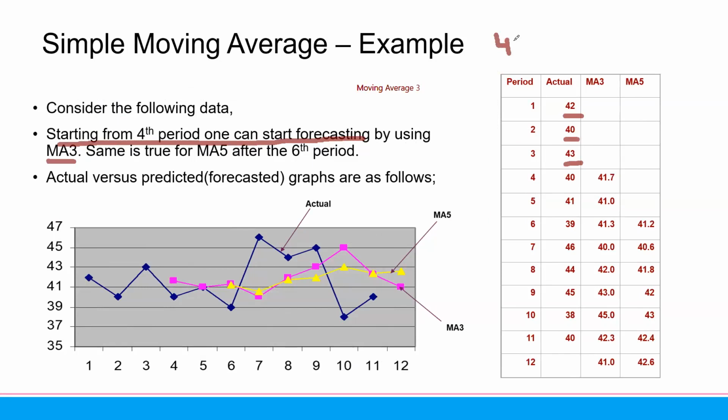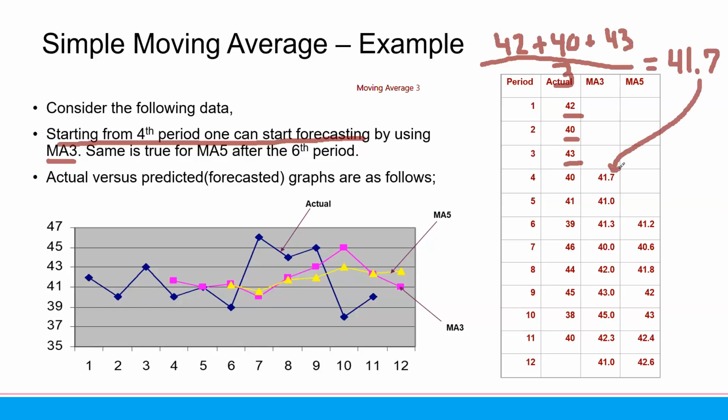So 42 plus 40 plus 43, and then I divide it by 3. The result is 41.66666, so let me just make it 41.7. And this value will be the forecast for period 4.